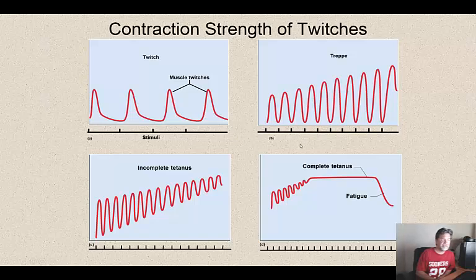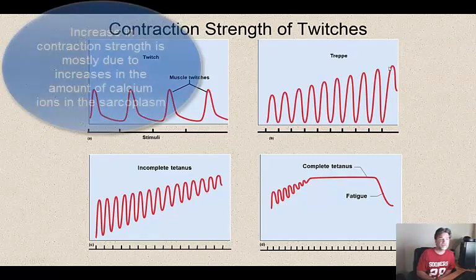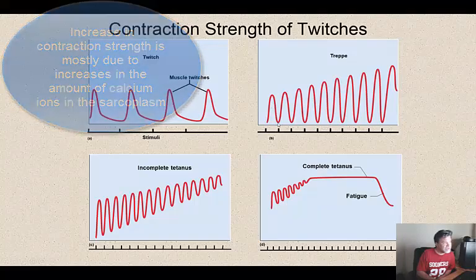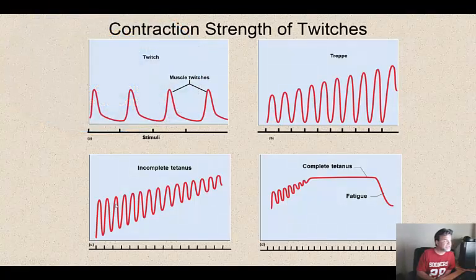And what we will see is the development of a process called treppe. With treppe, you can see the muscle contraction builds, but very, very slowly. It will potentially maximize eventually if we continue this fairly slow rate of stimulus. Well, what happens if we increase the rate even more and we start stimulating before it gets down to the trough, before it gets down to the base here?